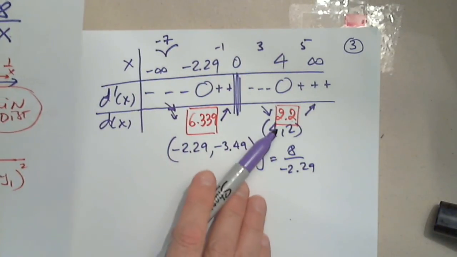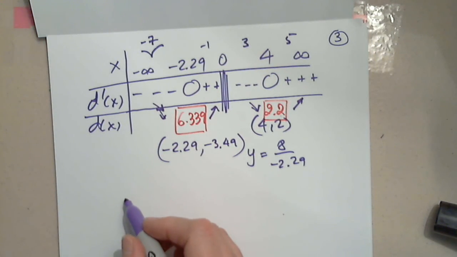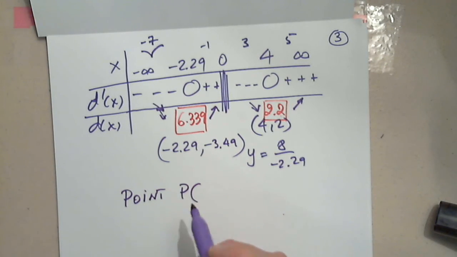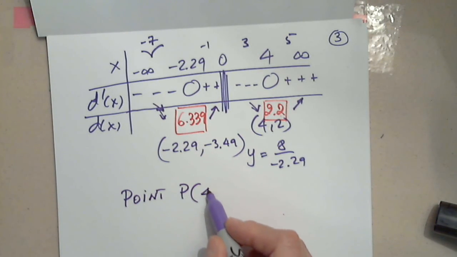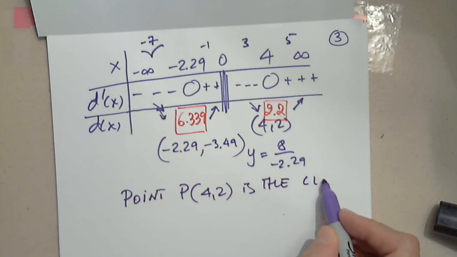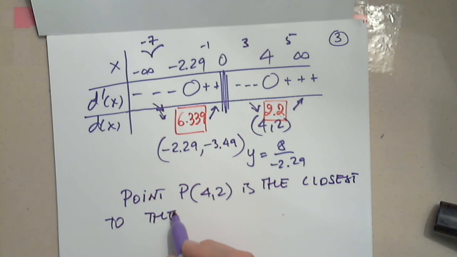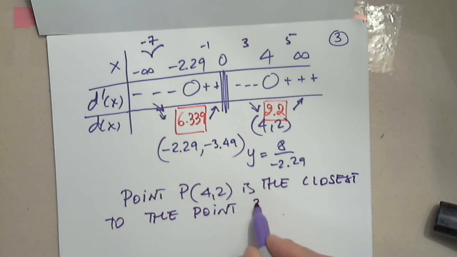This distance is 6, this one is 2. So as the final answer, we will write the point P 4, 2 is the closest to the point 3, 0.